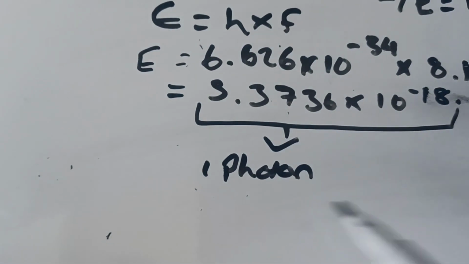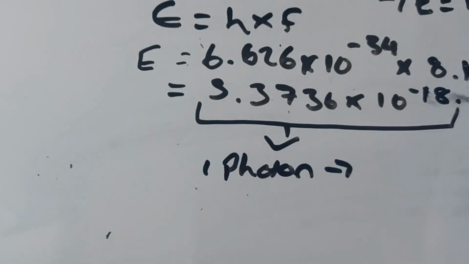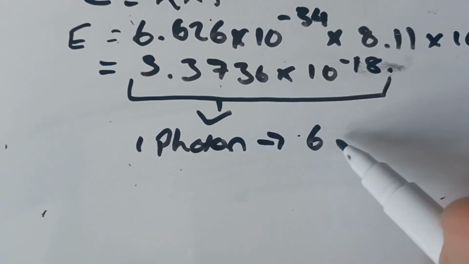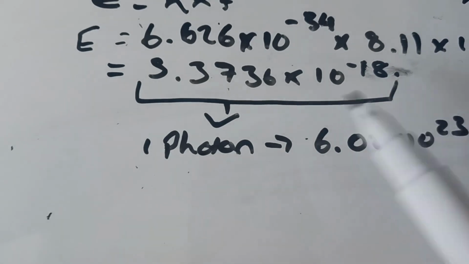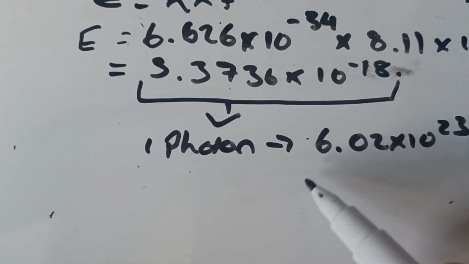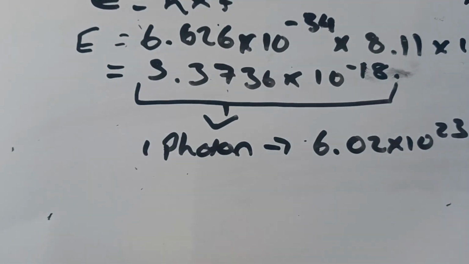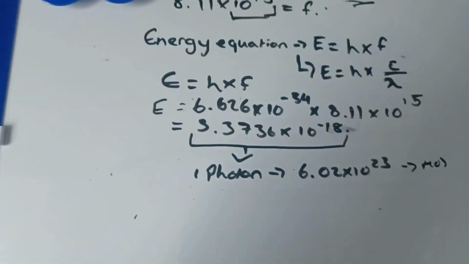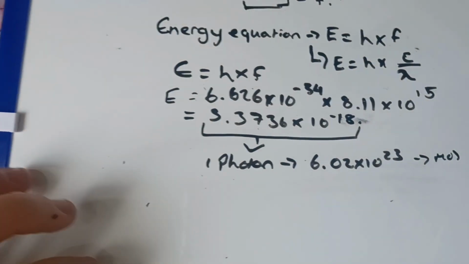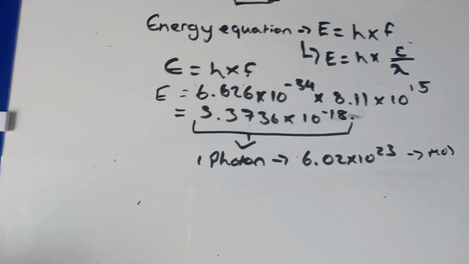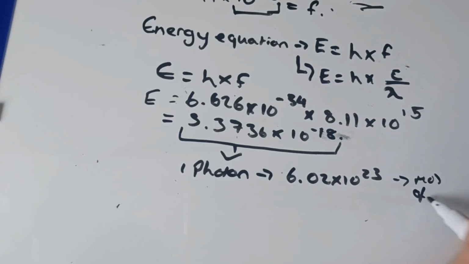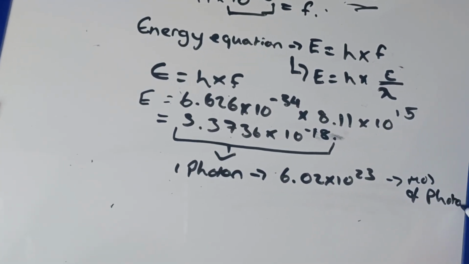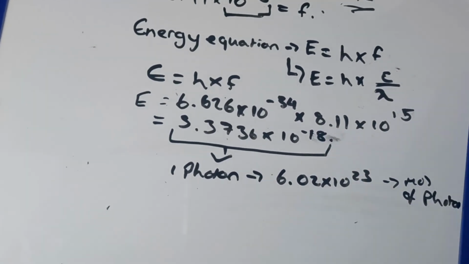We want to find the energy of a mole, so we need to use a constant called Avogadro's constant, which is 6.02 times 10 to the 23, to find out what a mole of photons are. I've run out of space on my whiteboard, but you understand what I mean.